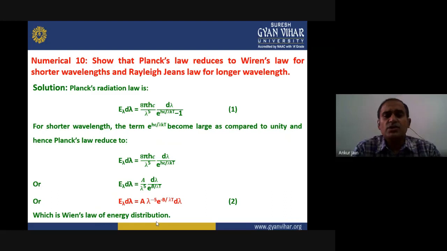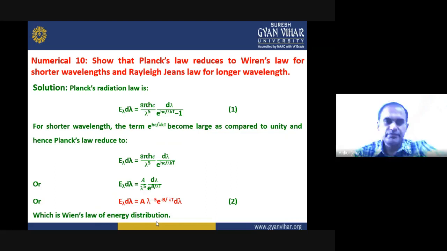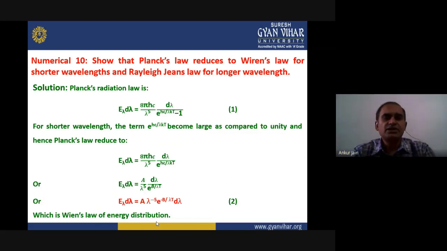Let us go to our next question, which is slightly logical and will use Planck's law. So the question is, show that Planck's law reduces to Wien's law for shorter wavelength, whereas it reduces to Rayleigh-Jeans law for longer wavelength.